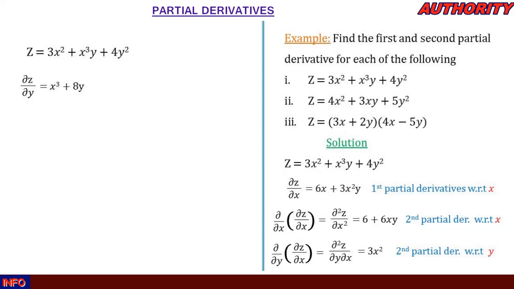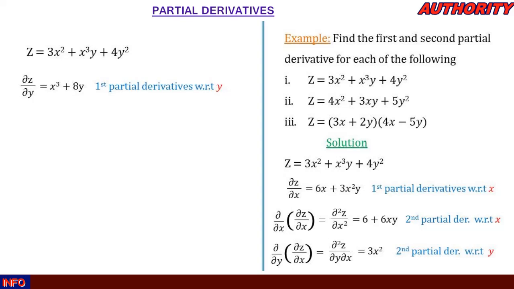In the second term, x cubed y gives us x cubed. Then the last term, 4y squared, gives us 8y. So this is the first partial derivative of z with respect to y.